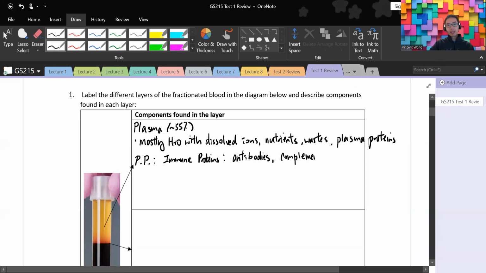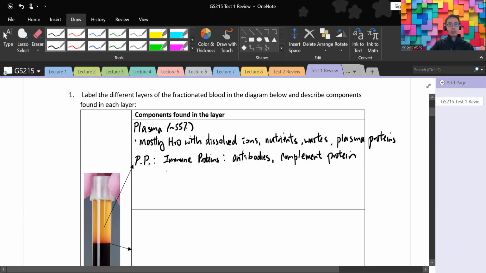We learned about that 2 weeks ago. These are part of your innate immunity, right? I think that's the two main ones that we talked about, right?